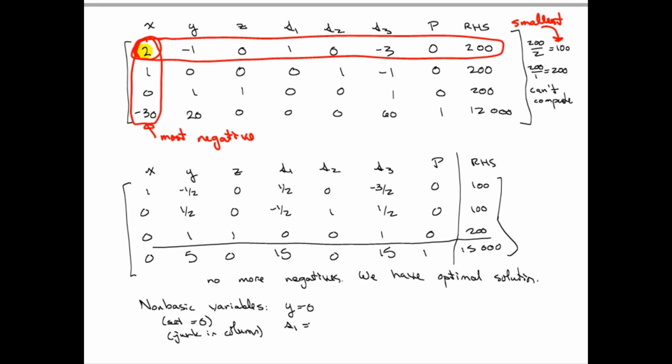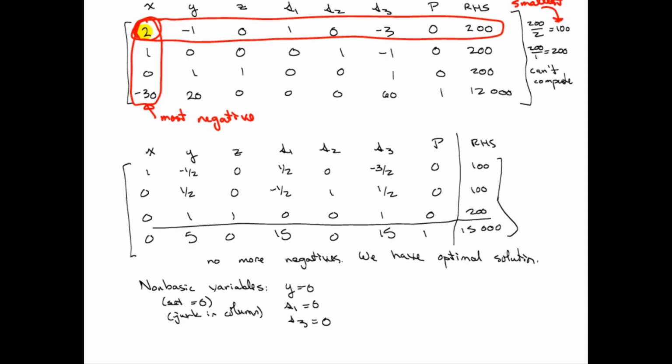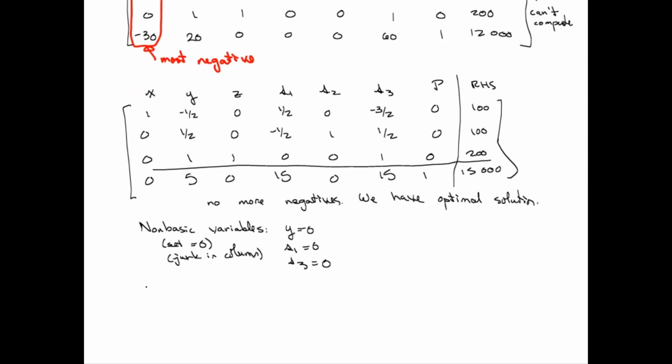My S1 is 0. And my S3 is 0. Notice those are the columns that do not look like they are columns out of an identity matrix. Okay, our basic variables, these are the ones where we have ones and zeros in that column.